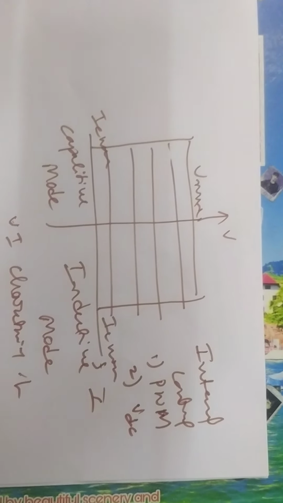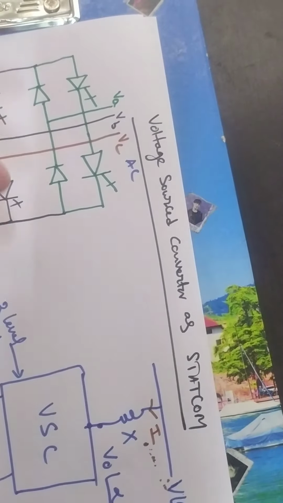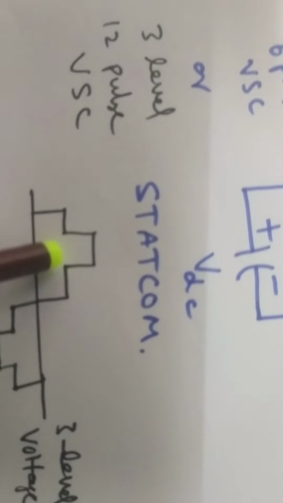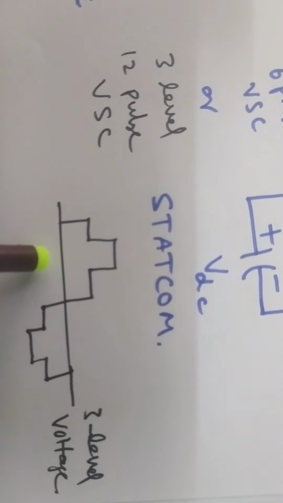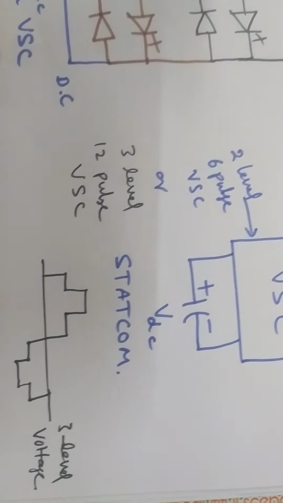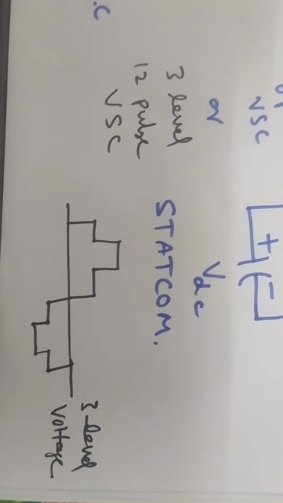This is the control of your VSC. In a nutshell, this is the control of VSC. The output AC voltage of the converter is like this 3-level converter, or you can use a 5-level converter also. It all depends on your requirement and cost.